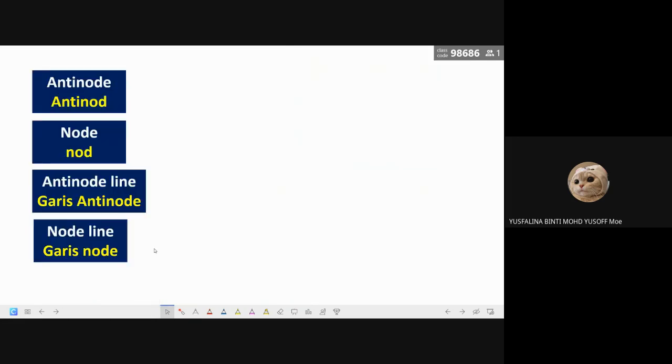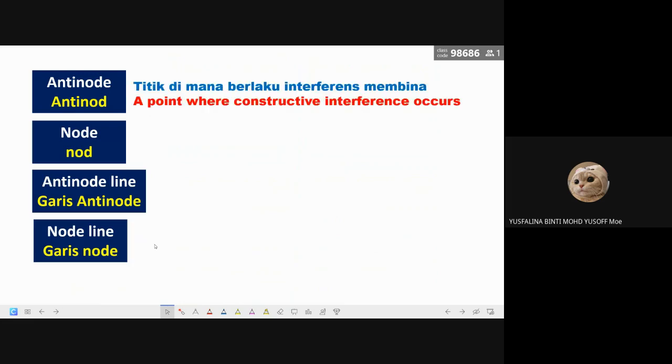And how about the antinode and node? The antinode is actually the point where constructive interference occurs. Sometimes for the light, they use the antinode. They say antinode occurs, and you already know that means the bright fringes.